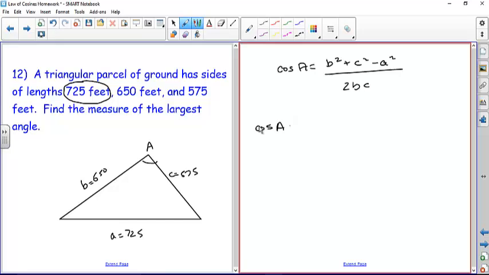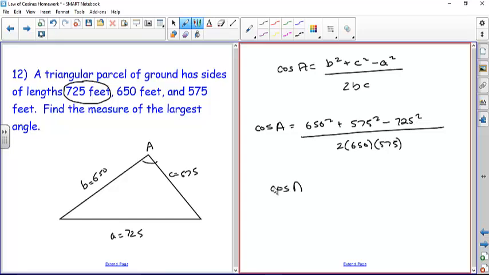So you get the cosine of angle A is equal to B squared plus C squared minus A squared, the longest side, over 2 times 650 times 575.